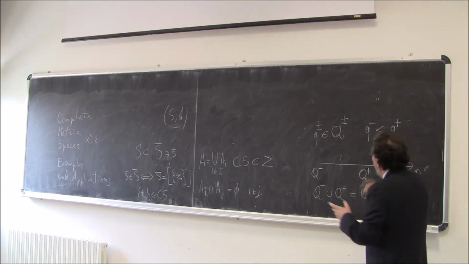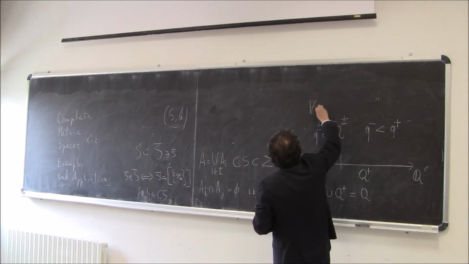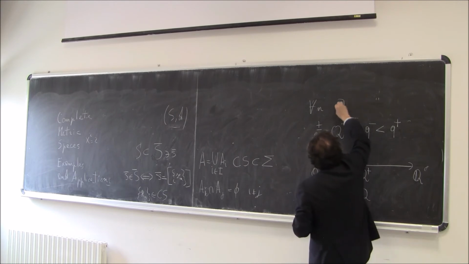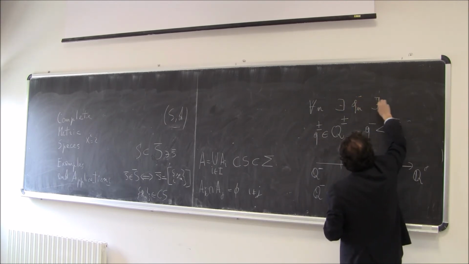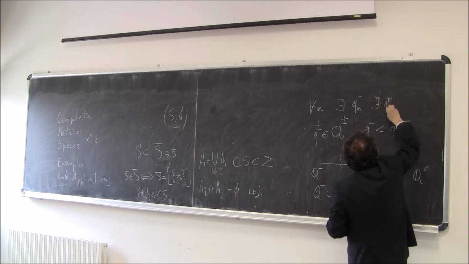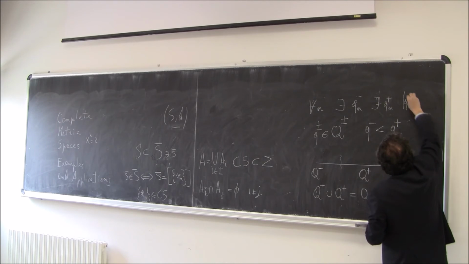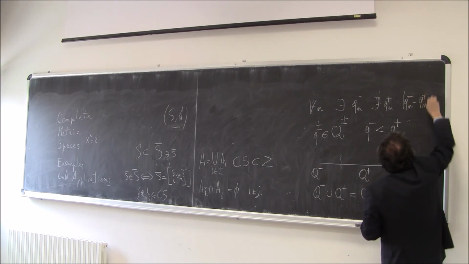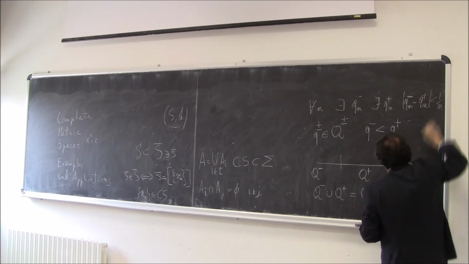And, very important, for every n there exist a q minus n and a q plus n such that the absolute value of q minus n minus q plus n is smaller than 1 over n.